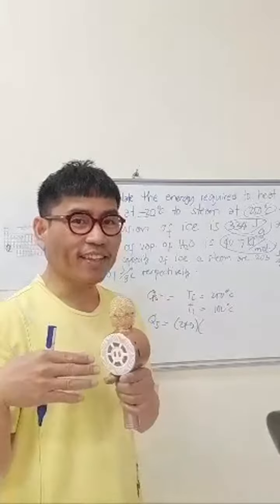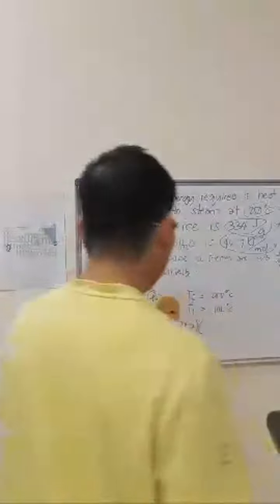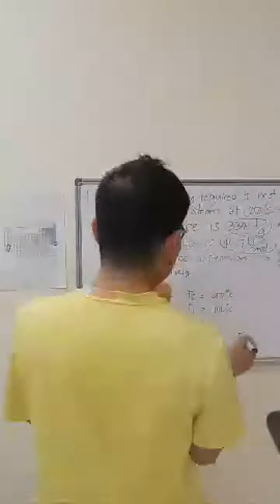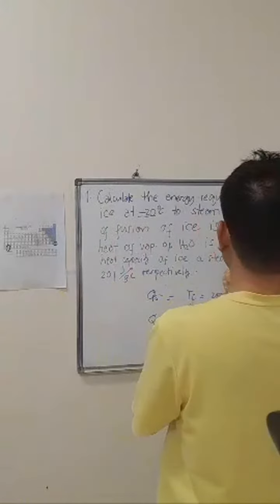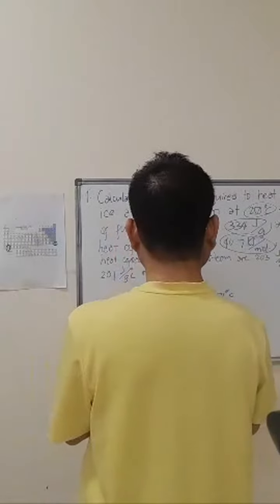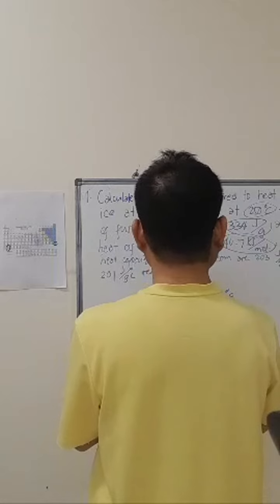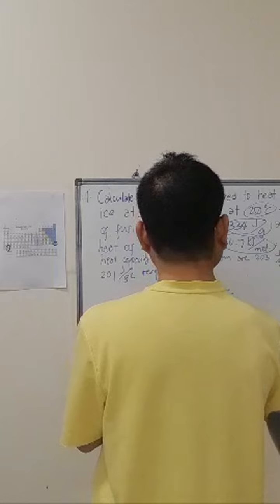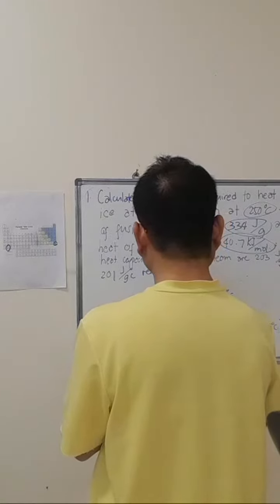I think this is the most common mistake generally. The specific heat capacity of steam is 2.01 joules per gram Celsius, and the temperature change is 250 minus 100 degrees Celsius. That is Q5.